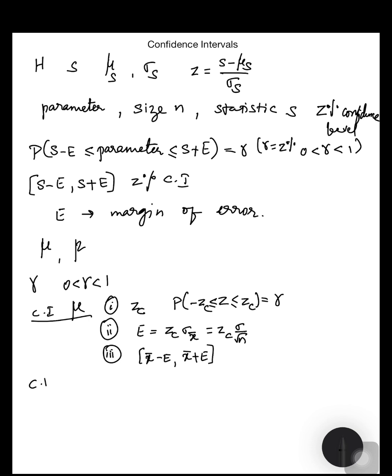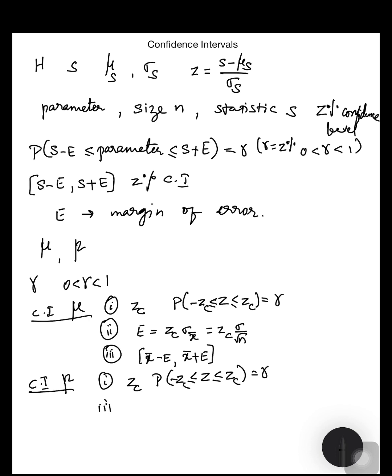Then for the confidence interval for the population proportion P, again we find the critical ZC value for which the probability of Z lying between minus ZC and ZC is equal to gamma.